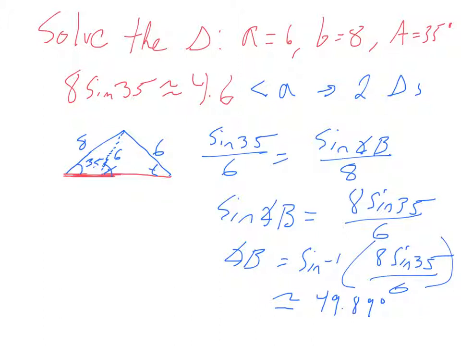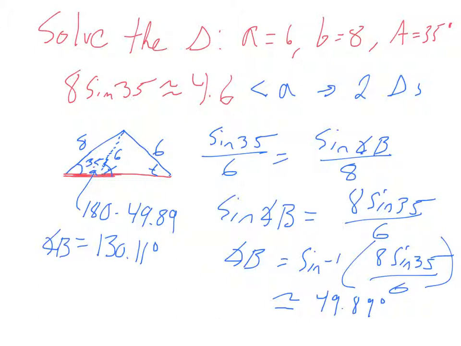So if this angle is 49.89 here, then this angle right here is going to be 180 minus 49.89. So we'll get 180 minus 49.89 will give us 130.11 degrees. So those are the two possibilities, right?